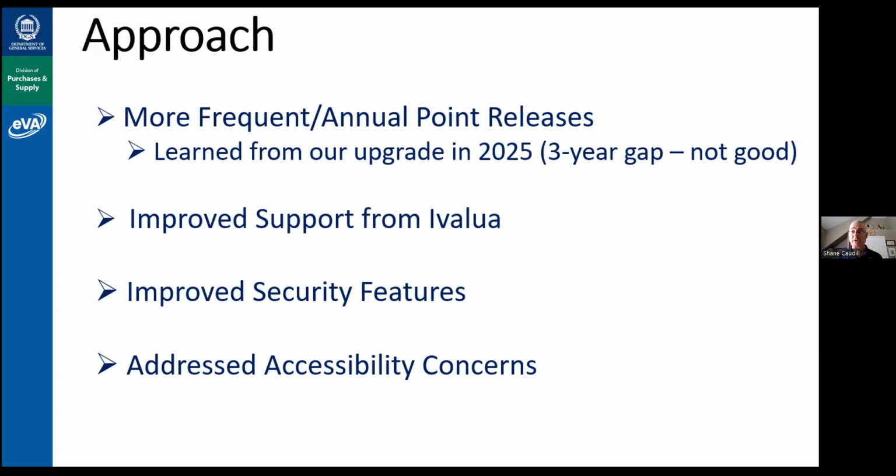I'm hoping to start hearing feedback on that over the next couple days and into next week. Hopefully some of the accessibility concerns have been addressed, and we're going to test that and make sure. So again, that's kind of our approach and why we're doing this upgrade this year.